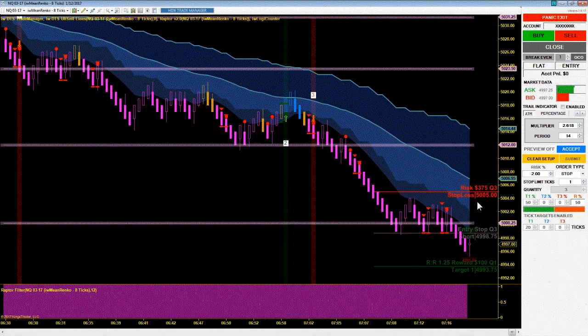What does change, if you notice, is the quantity traded. If I set up my trade this way for $300, and again, that's 2% of my capital, yours may be more, yours may be less, I'm trading one contract. If I set up my trade down here, I'm trading 3 contracts. But what I'm doing is capping my risk. I'm not letting my risk get out of control.